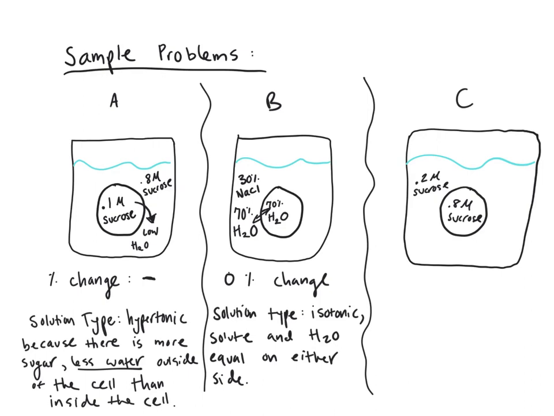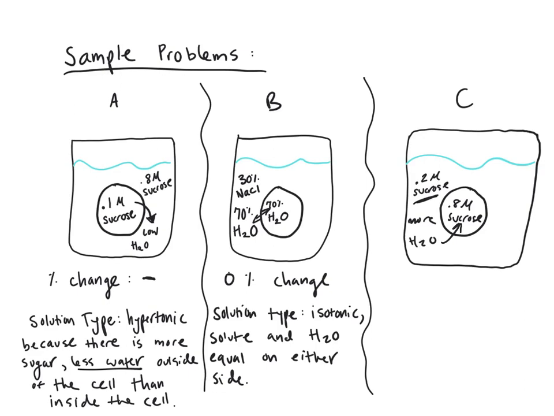And what happened was, because there's not really a lot of water in that cell in comparison to the outside, since the more sugar, the less water, and in this case, the outside has less sugar, meaning more water, you would experience a situation where water is going to move into the cell.